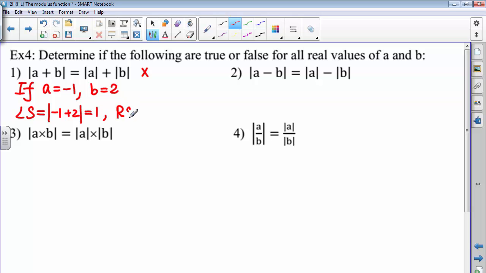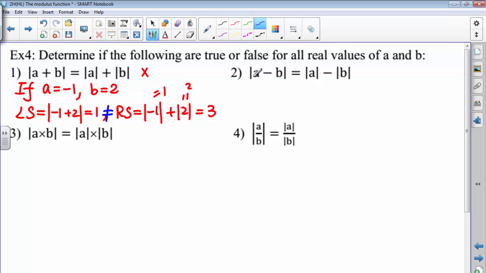And the right side is the absolute value of -1 plus the absolute value of 2. This one is 1, this one is 2. 1 plus 2 is 3. That means the left side is not equal to the right side when a is -1 and b is 2. So this one is not true for all real values of a and b.